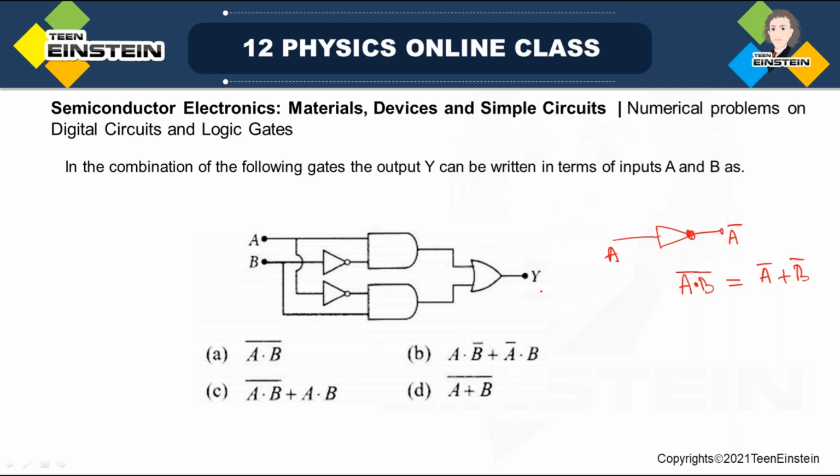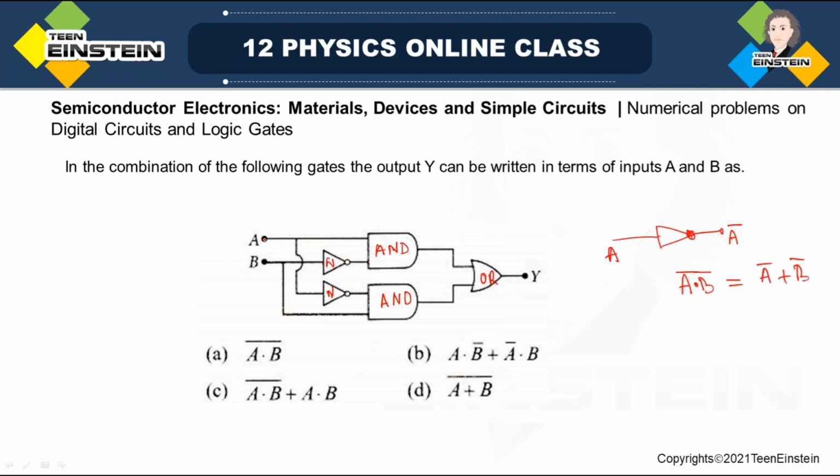So here we have to see this A. These are the NOT gates, these are AND gates, and this is the OR gate. Let me write: this is AND, this is also AND, this is the OR gate, and this is the NOT gate, I'll write N only.